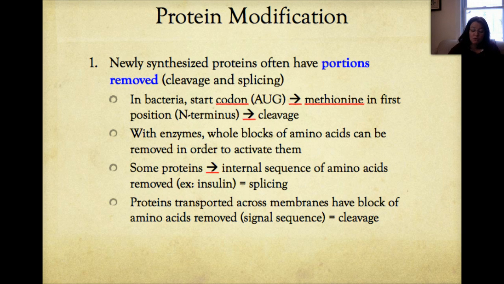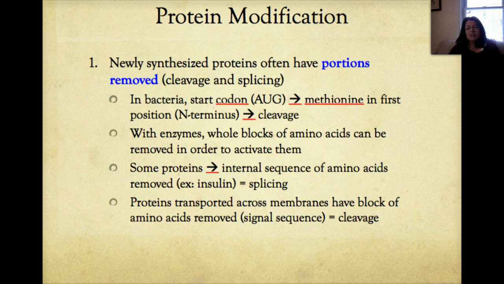And if it's removed from the middle, if a section of the amino acids are removed from the middle, then the remaining sections have to be joined together, and that's what we call splicing. And that's very similar to what we saw for mRNA processing, which also involves splicing in eukaryotes.